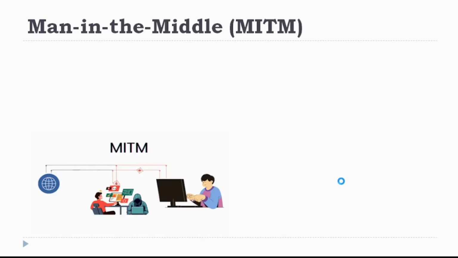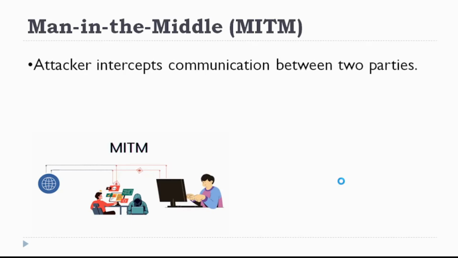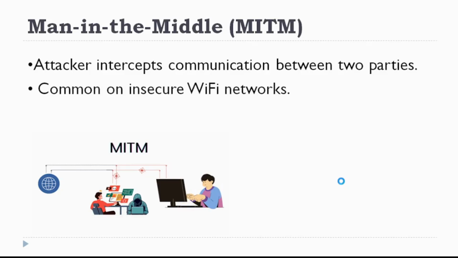Now let's discuss the man in the middle attack. Basically, in a MITM, that is man in the middle attack, an attacker secretly intercepts communication between two parties, and they can eavesdrop, modify data, or redirect the session.